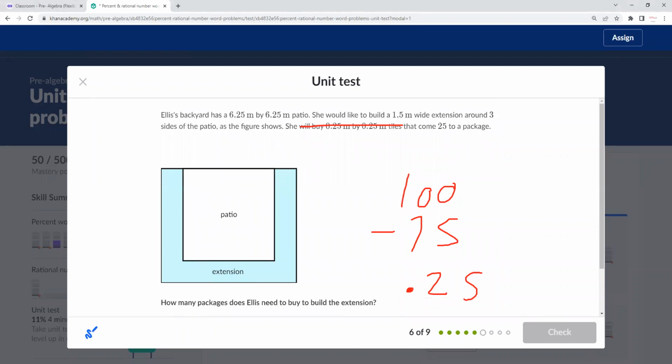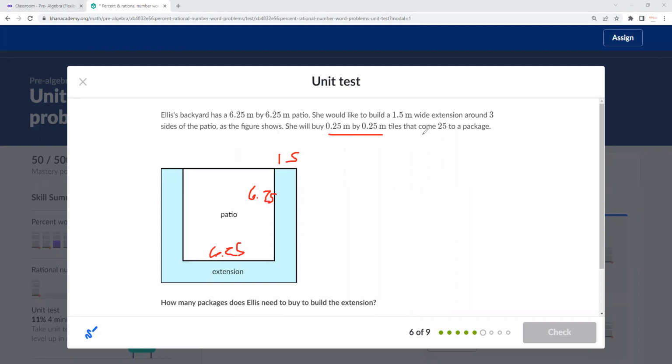Ellis's backyard has a 6.25 by 6.25 patio. She would like to build a 1.5 meter wide extension around 3 sides of the patio. She will buy 0.25 by 0.25 tiles that come in a 25 to a package. How many packages does she need to buy to build the extension?